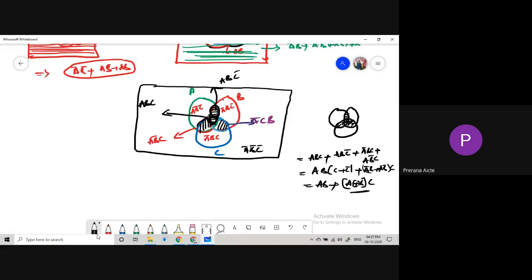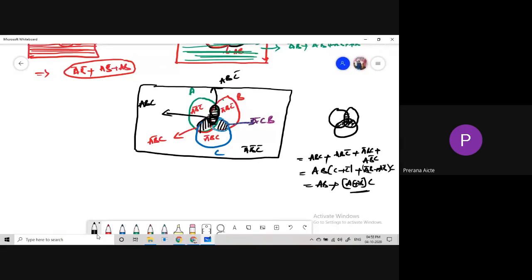Then we are moving to the next one. Find the minimal function.